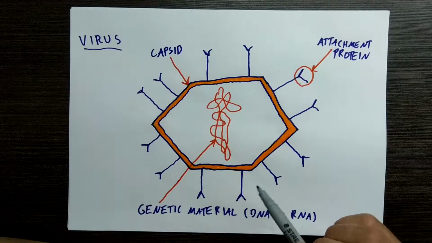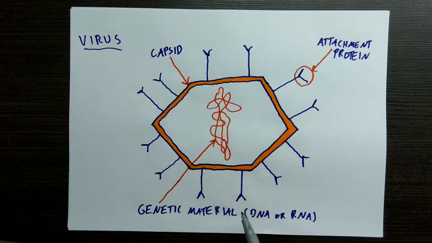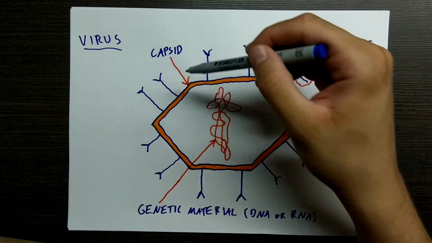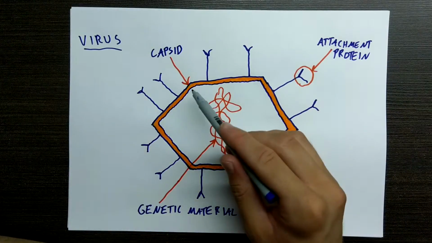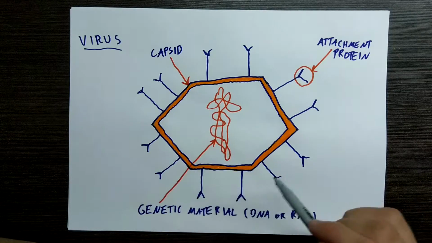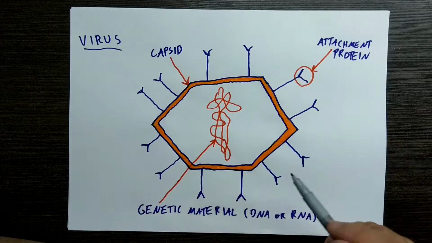Now, let's move on to what is what in a virus. First of all, we have a capsid. A capsid is a protein capsule. In other words, it's sort of like a protein ball.